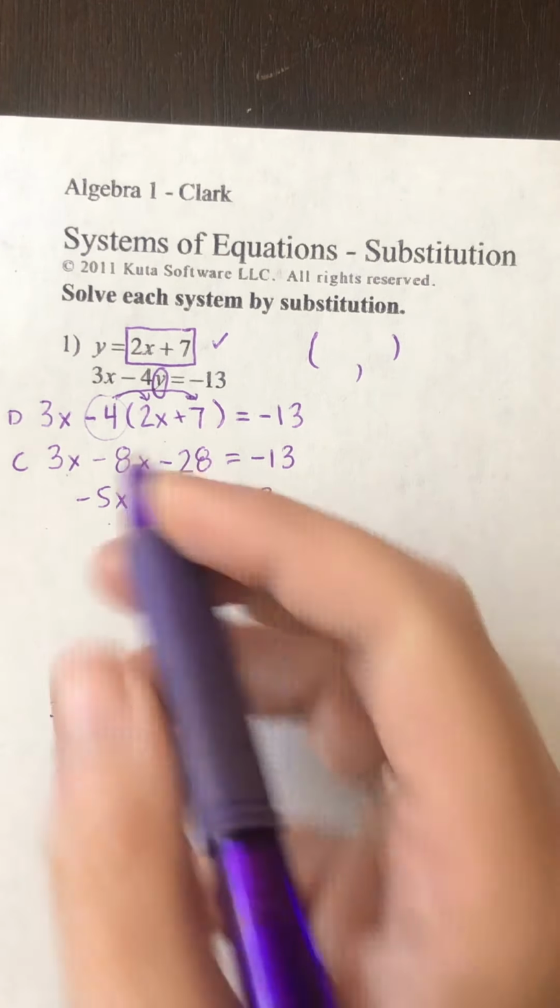Now, if you remember from your notes, the next step is then to take this x value that you found and plug it back into either one of these equations. To me, it looks like this one is a little bit easier because I'm not going to have to move my y value around. Y is already equal to this stuff over here with x. So I'm actually going to take that equation, y equals 2x plus 7, and I'm going to plug in my value of x for the x right here.